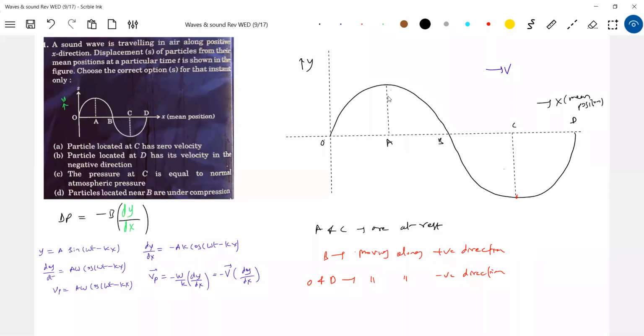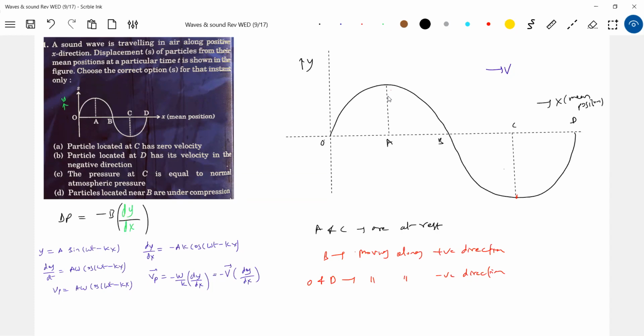So therefore, B and D, the pressure. Now let's come to B and D. How to check? At the extreme point, what happened? It should be the normal pressure, meaning no compression or rarefaction. At extreme points, compression and rarefaction will not be there.